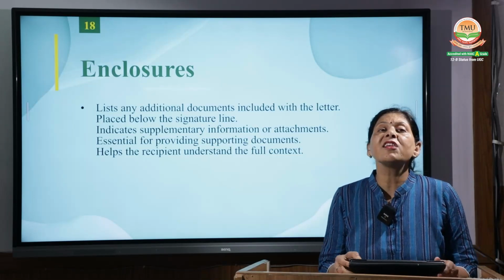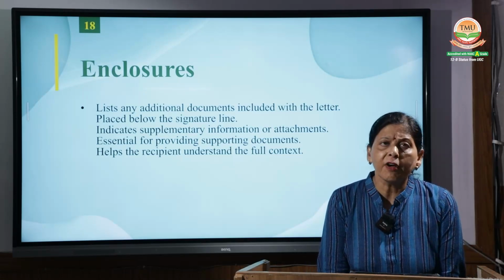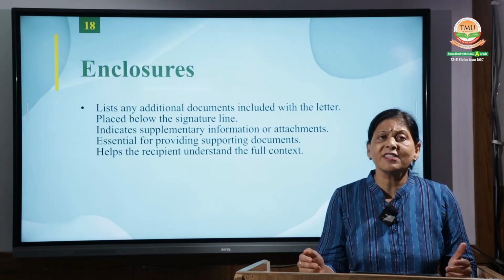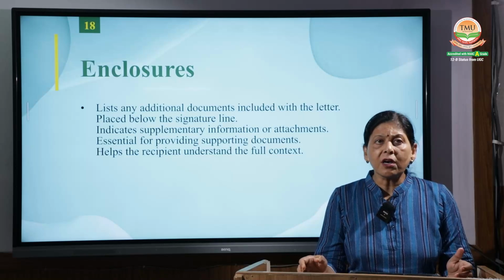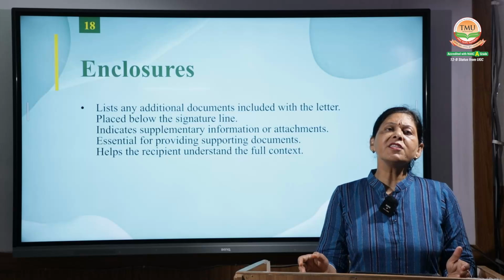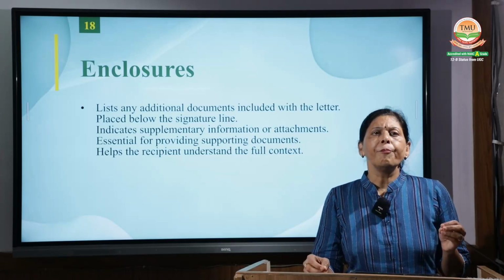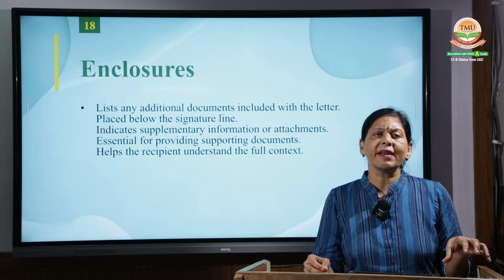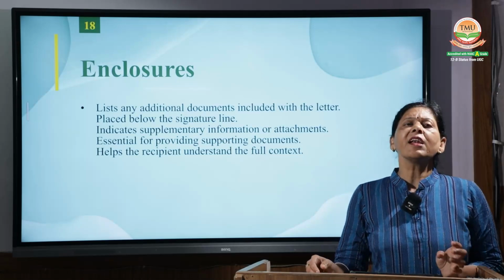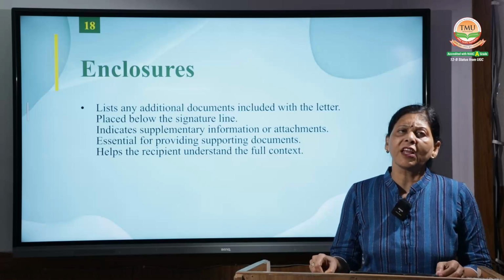Now the last part of our letter is enclosures. Enclosures are the list of things that we need to enclose with our letter, whether it is a photograph, a copy of one's testimonials, a brochure, an invoice, or whatsoever. Whatever is there has to be enclosed. About 4 or 5 spaces below the signature block, the word ENCL is written, then a colon, and then we write the list of things that we have added.